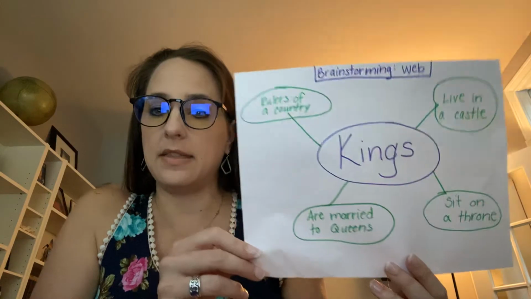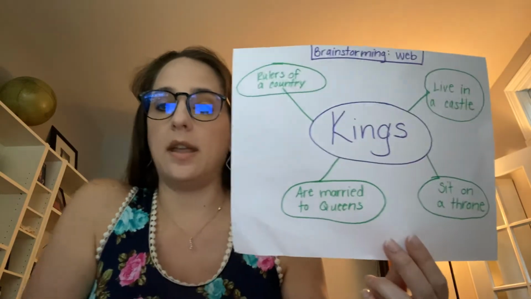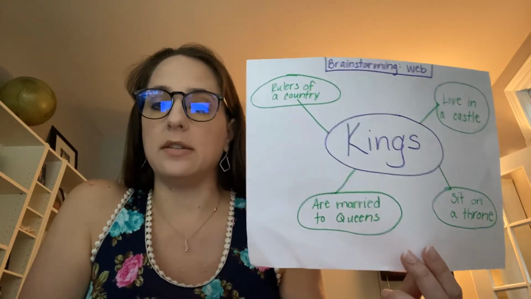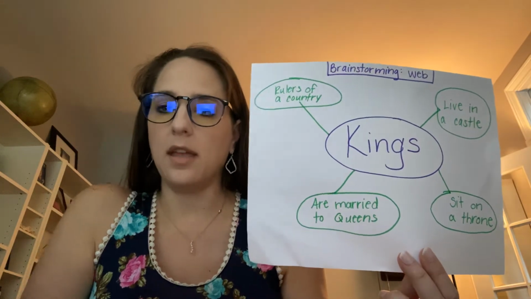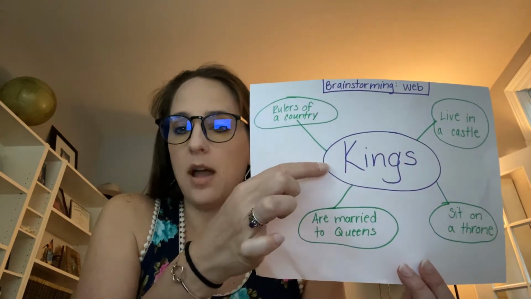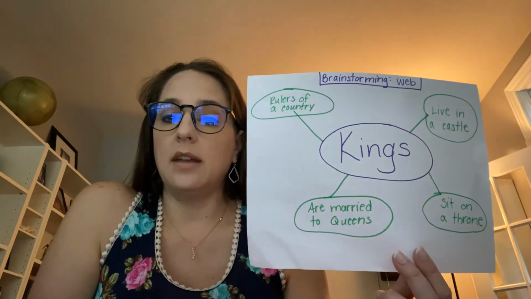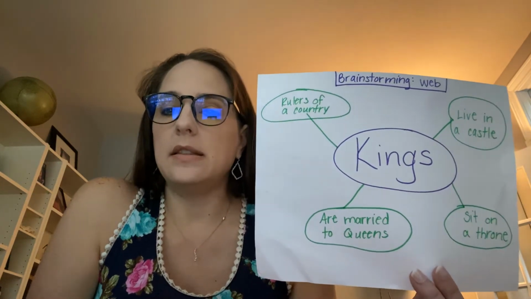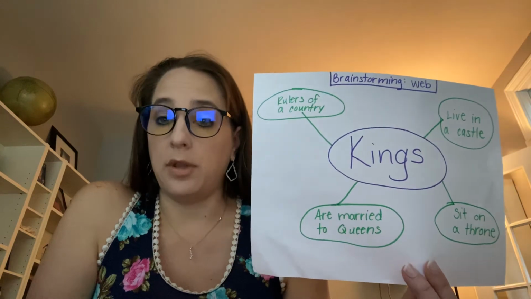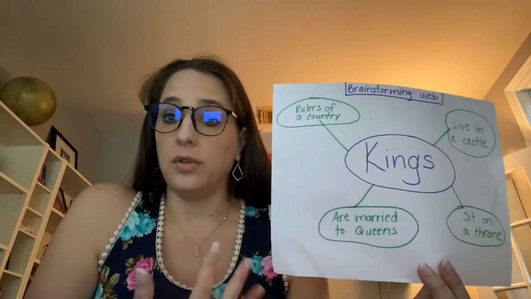I actually came up with a story web that looks like this. The reason they call it a web is because it looks like a spider web. So I wanted to write about kings. And I decided that I want mine to be real, about real life kings.